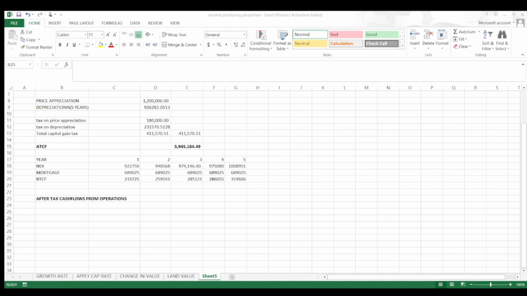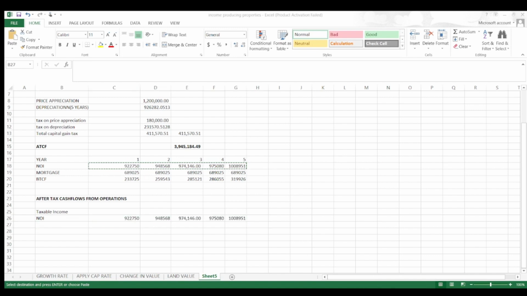So with this information, we need to calculate our taxable income. First, we have our net operating income, which we had earlier indicated.